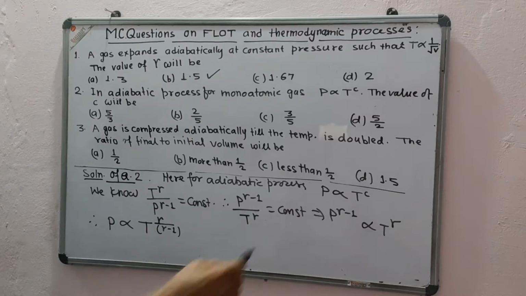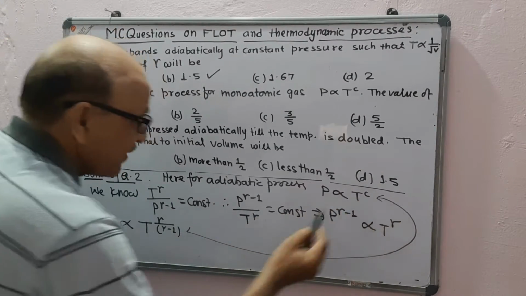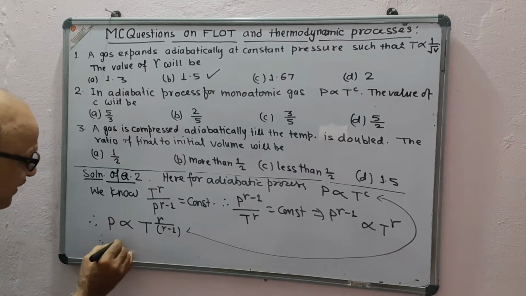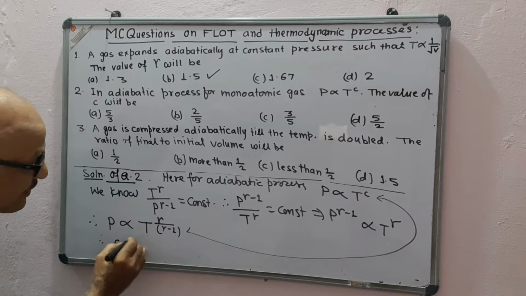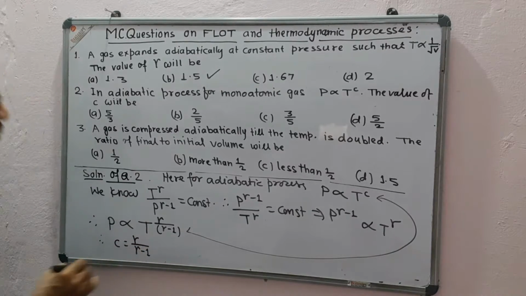Now if we compare these two, we get C is equal to gamma upon gamma minus 1.